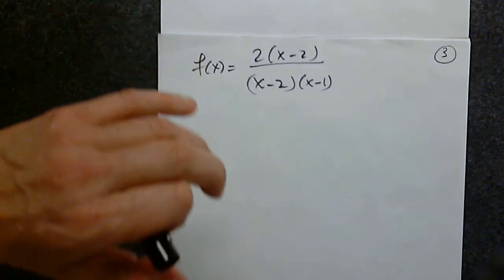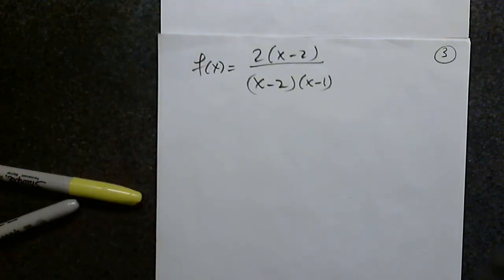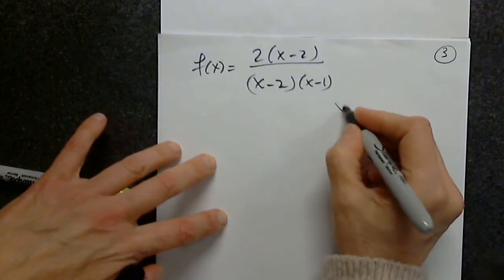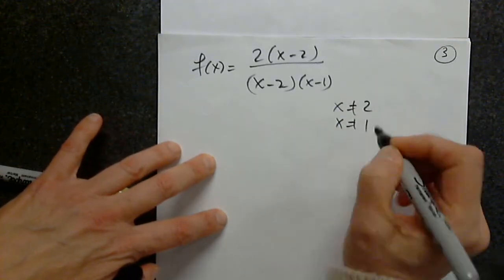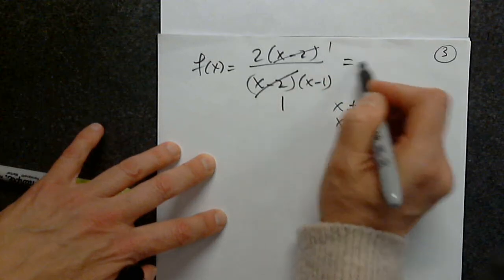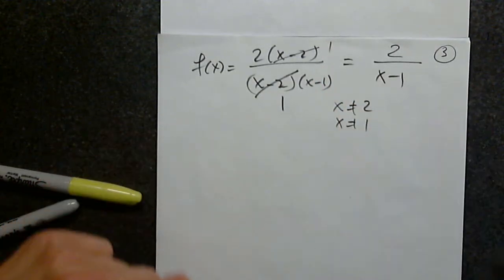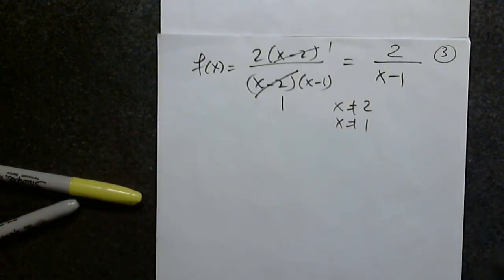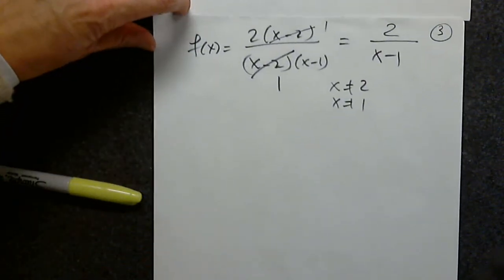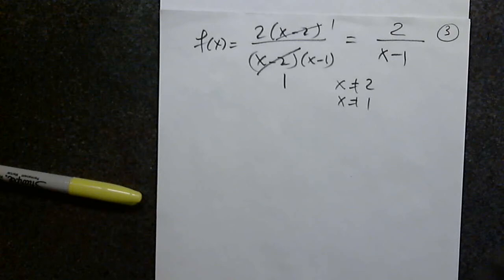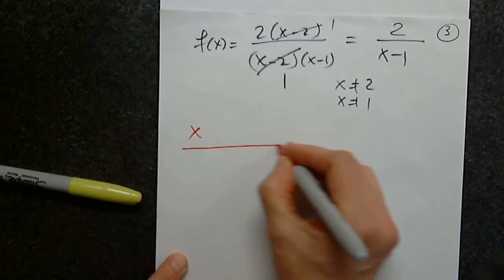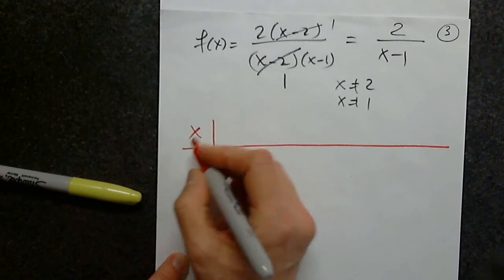So can anyone give us the domain of this function? Or basically, what I'm really asking first is what x cannot be. That's the first question. So 2 and 1. Only now I can simplify, and I get 2 over x minus 1. Not before I state restrictions. That's mandatory. So what is the domain?